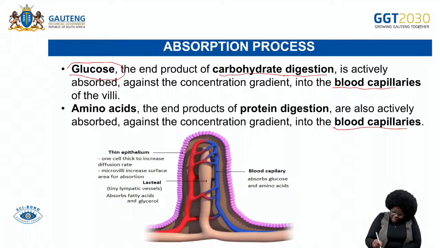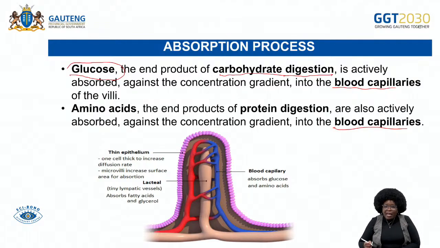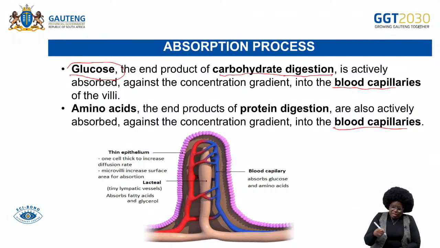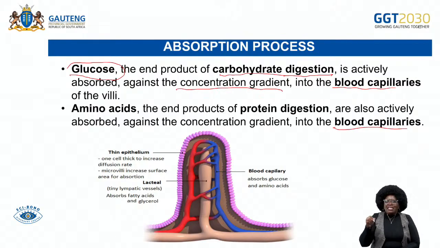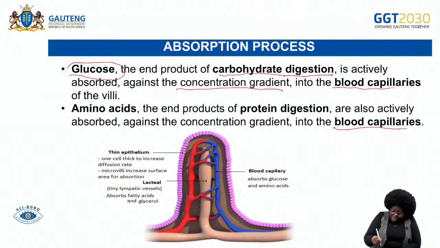Of carbohydrate digestion. Do you remember the name of the enzyme that is responsible for this process? We'll tap on it again. It's actively absorbed against the concentration gradient. Learners get confused. That's why I kept talking about active absorption and passive absorption. Right. So carbohydrates into the blood capillaries.